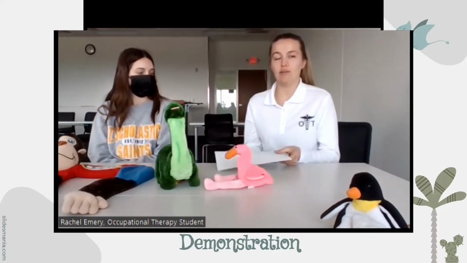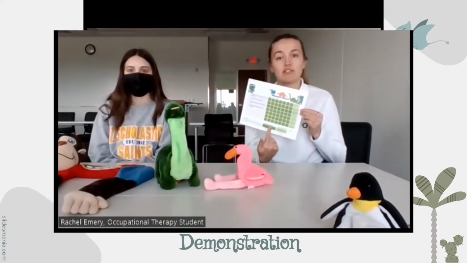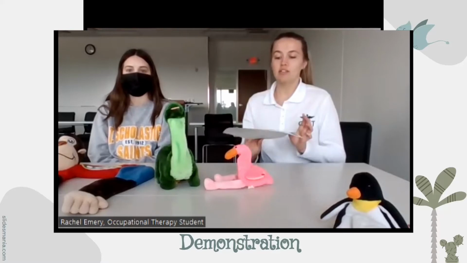Our activity scheduling, which we will go through with scheduling different activities that the client can do throughout the day, and then activity monitoring, which we can do with this sticker chart, and just really record and have a positive environment for this client to interact within, using this positive reinforcement.